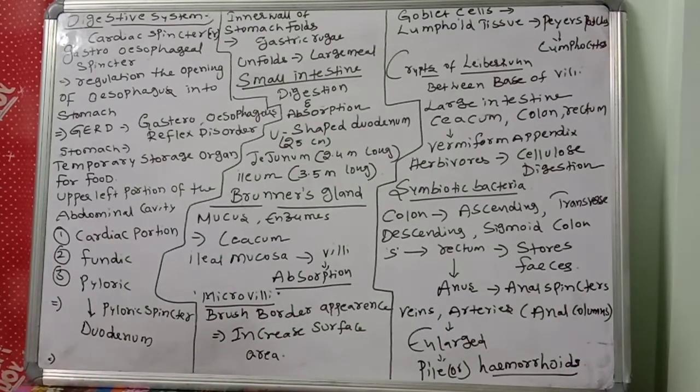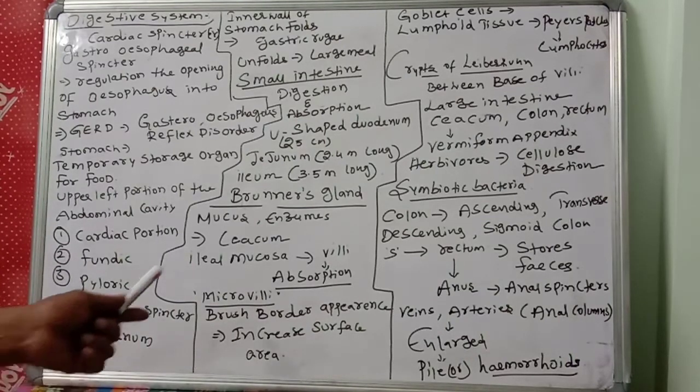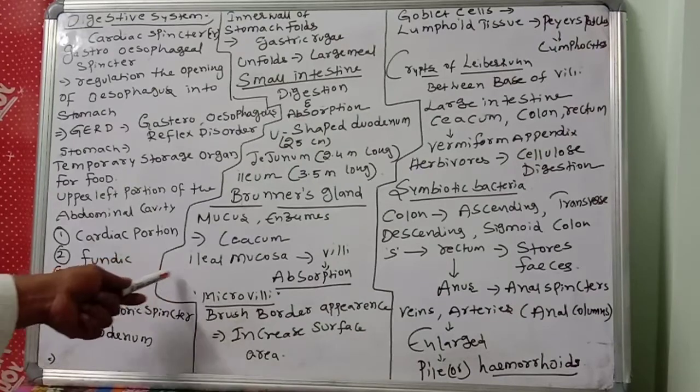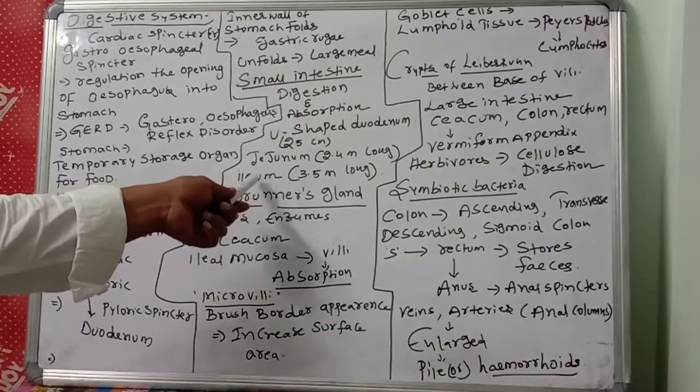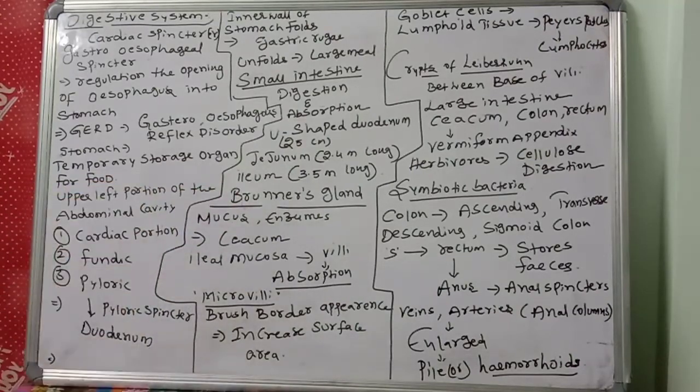The ileum is the longest part of the small intestine, and it opens into the cecum. Which one is the longest part in the small intestine? The ileum. It opens into which one? The cecum, right? What is the cecum?